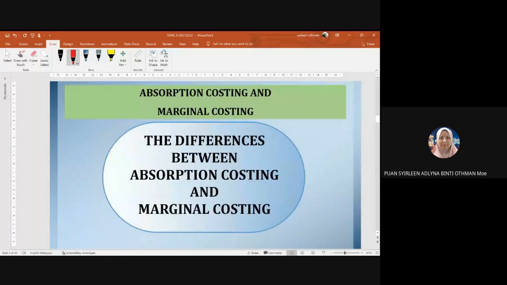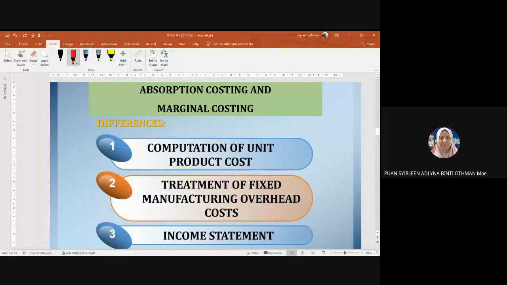Okay, alright. So differences dia, satu, cara kira cost unit product. Okay, like I said just now, absorption dia ambil kira semua. So you nak kira cost unit product tu, you akan ambil direct materials, you akan plus dengan direct labor, dan you akan plus dengan manufacturing overhead. Whereas for marginal, dia hanya ambil kira yang variable cost sahaja.